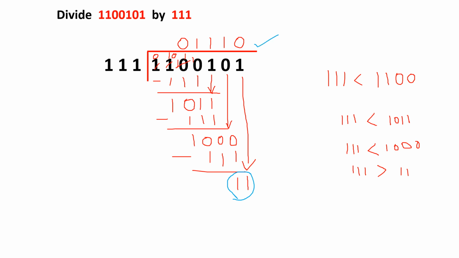Now we can check this with the decimal number. The decimal number for this one is 101, it's base 10. And for this it is 7, decimal 7.